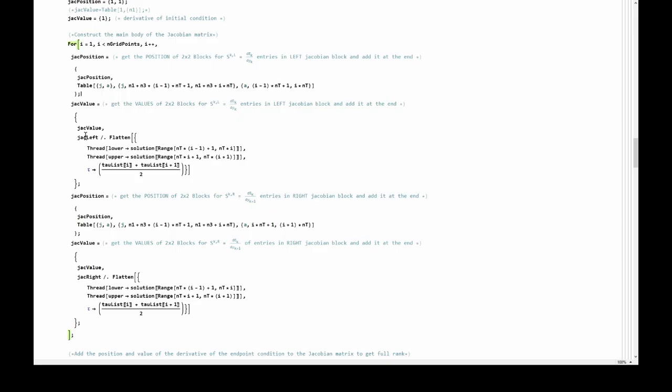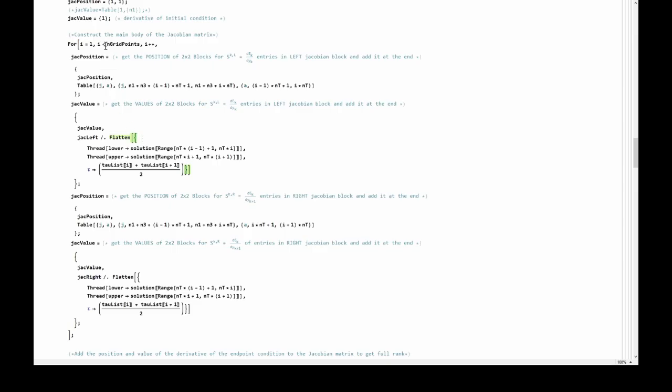And then of course we have this Jacobian left and Jacobian right. Where is it? Jacobian right down there, where we basically just evaluate the Jacobian matrix at our average tau value, so in between time point.